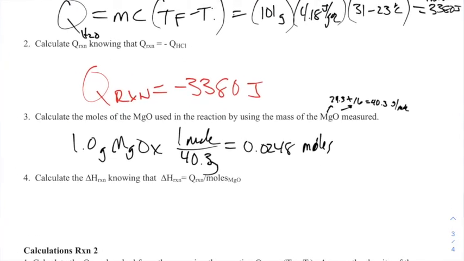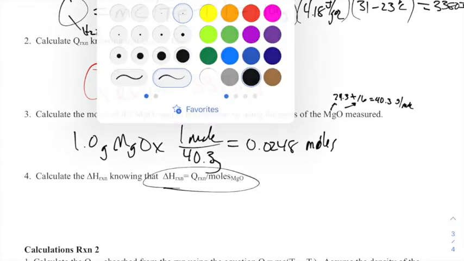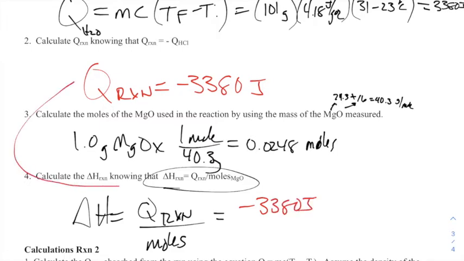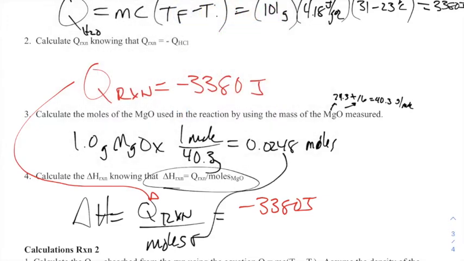All right, so now all we've got to do is calculate the delta H. Well, what is the delta H? Delta H is the Q per mole. So you want it on a per molar basis. So I'm going to go ahead and plug things in here. The delta H is going to be the Q of the reaction per the moles that actually reacted. So that's going to be our negative 3380 joules, that's the Q of the reaction, divided by the moles, which is that guy there. So we're going to divide that by 0.0248 moles.